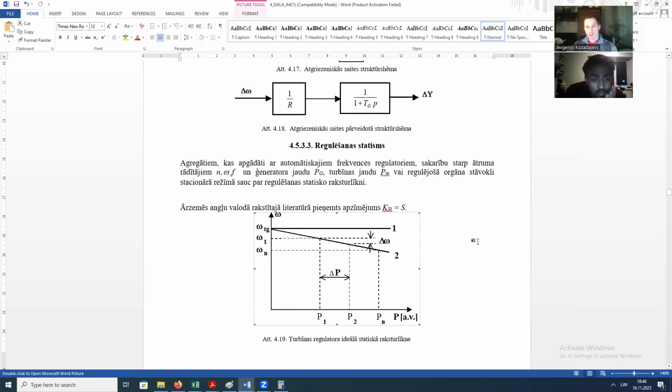So in this case, here we could see power P and omega. Omega is 2 multiplied by pi multiplied by frequency.